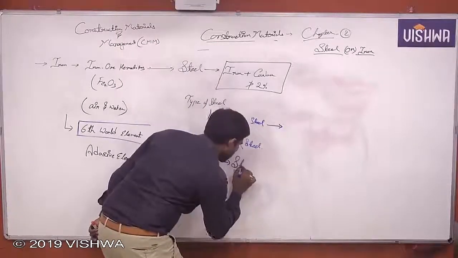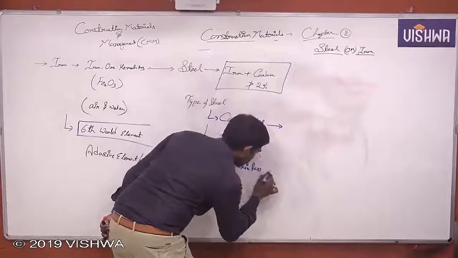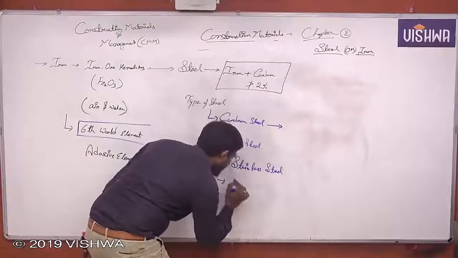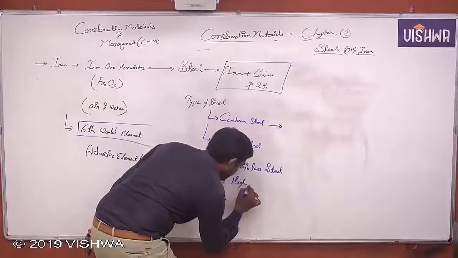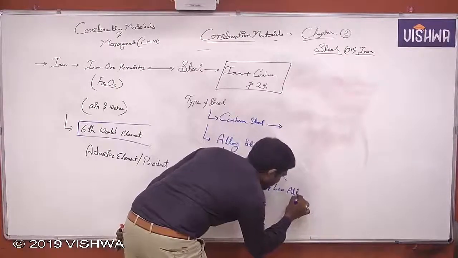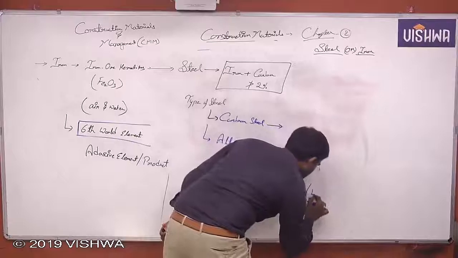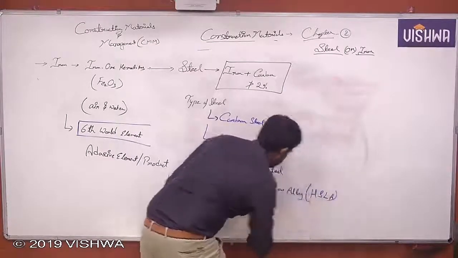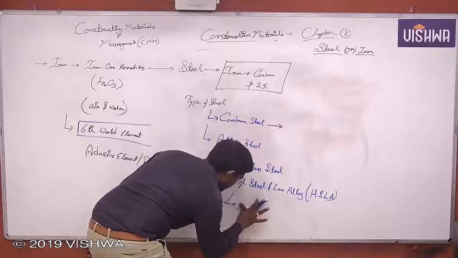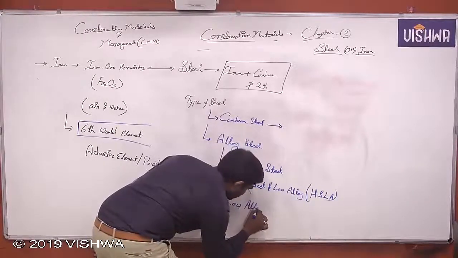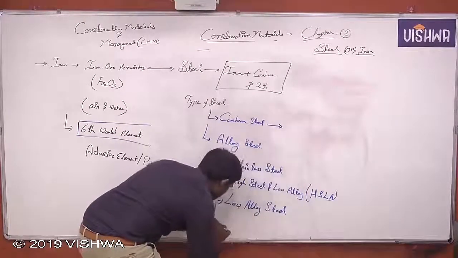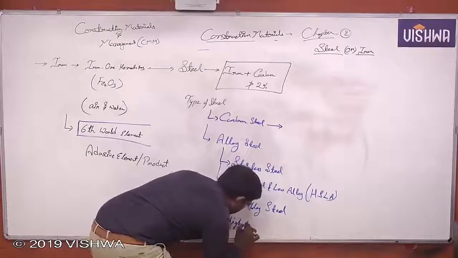One is stainless steel, the next is high strength low alloy, generally called HSLA, and the next is low alloy steel, and high alloy steel.